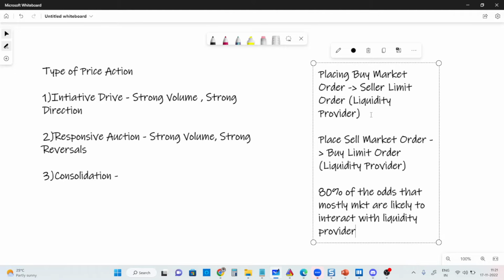Alameda Capital is one of the liquidity providers. Liquidity providing is not that bad, but if it is not done in the right manner, it could be bad. A lot of very good institutional liquidity providers are there, like Virtu in the US, and Citadel.